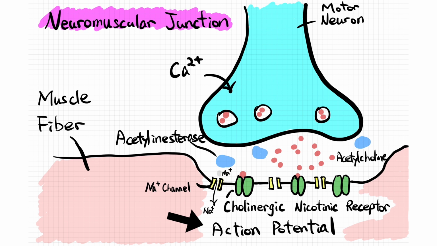Now, this action potential triggers the release of calcium ions from the sarcoplasmic reticulum, initiating the sliding filament mechanism and muscle contraction. After acetylcholine has transmitted the signal across the neuromuscular junction, an enzyme called acetylcholinesterase breaks down acetylcholine in the synaptic cleft, preventing prolonged muscle contraction.